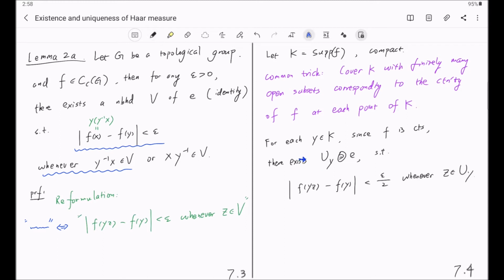And another common trick in topological groups is that we can always choose this neighborhood to be symmetric. Now choose a symmetric neighborhood Vy containing e such that Vy times itself is also contained in Uy.